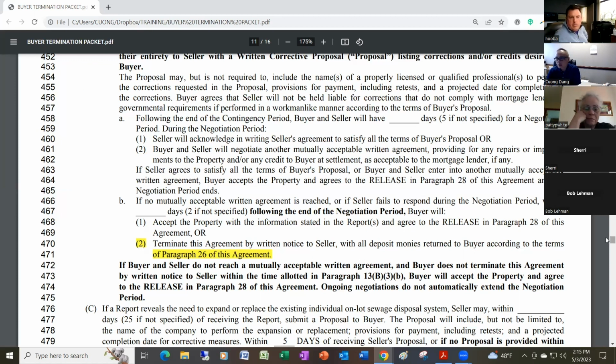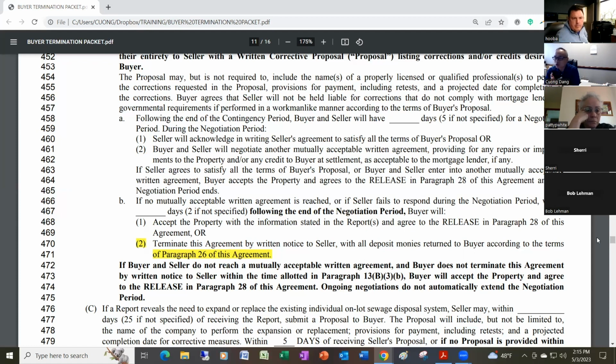So you have 10 days to do the inspection, and then is it 5 days to negotiate it, and then 2 days after that to send the. Correct, Matt. So you have 10 days to do the inspection and respond to the seller with what you want to do. Okay, so you have 3 options then: accept it as is, negotiate, or terminate. Those 3 options, right?